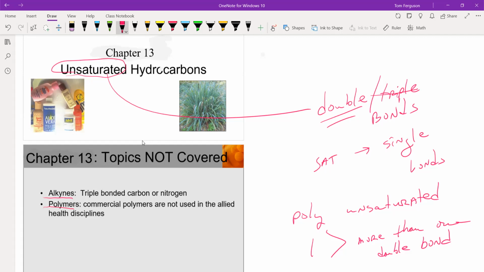Polyunsaturated fats, for example, frequently are found in vegetable oil. Excuse me. The good news on polyunsaturated fats, they are known to cause less detrimental health effects. However, one of the cons on polyunsaturated fats is they oxidize easily.